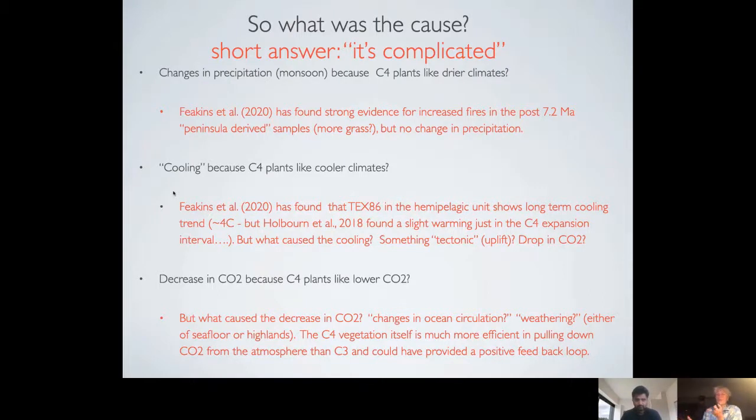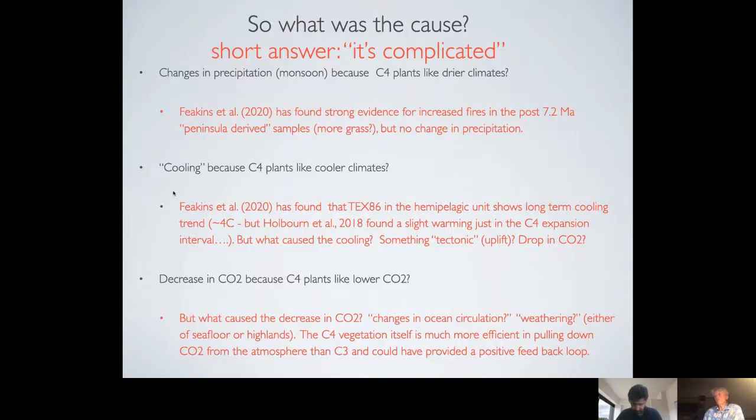So which of these things drove the vegetational change? What if there was a change in CO2? What caused it? The original Penguin idea was that there were some changes in ocean circulation. I don't know, he didn't specify. Was it increased weathering, like Maureen Raymo would like?